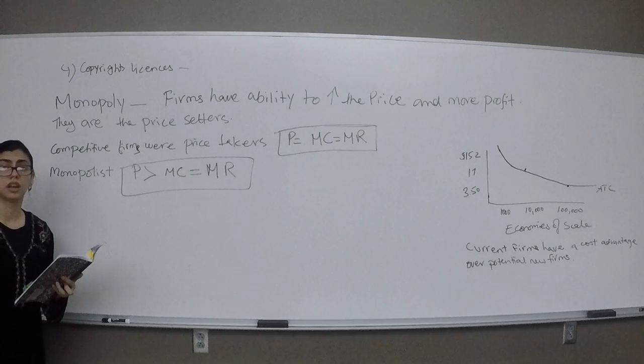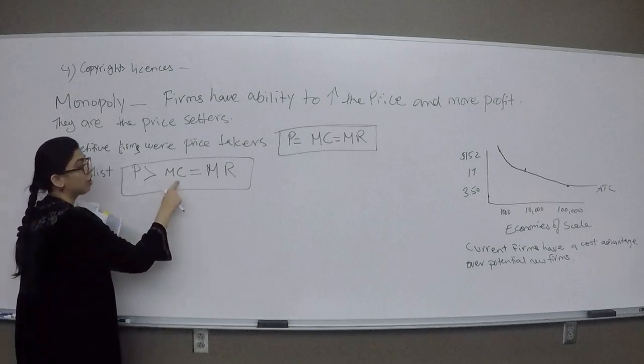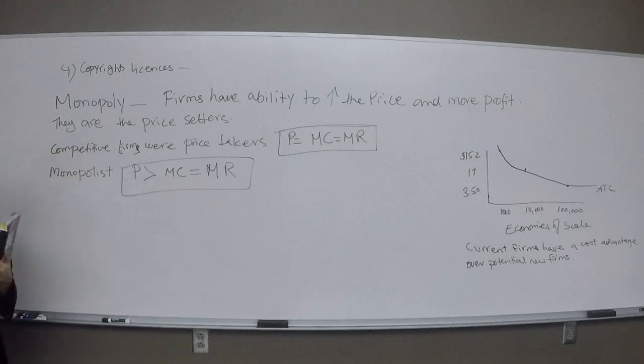The equilibrium point of the market is still going to be where marginal cost is equal to marginal revenue.